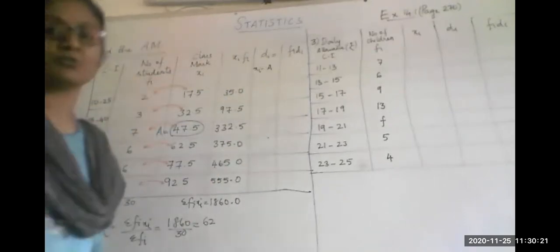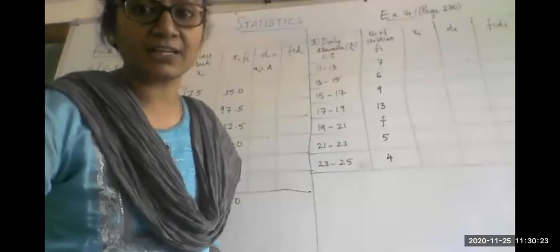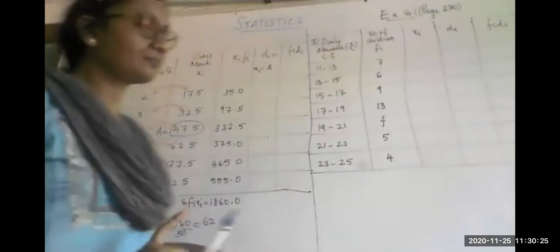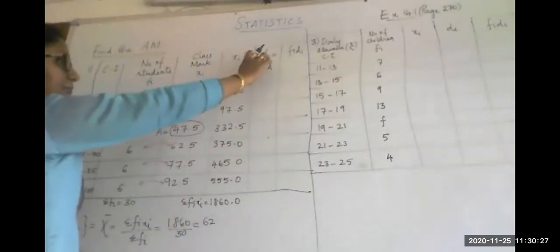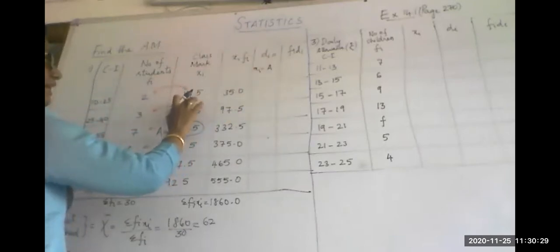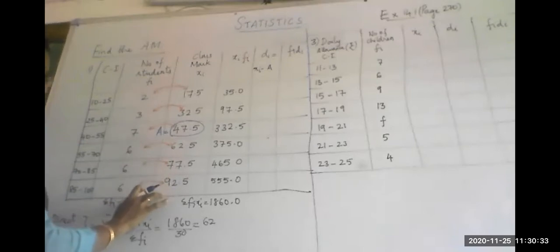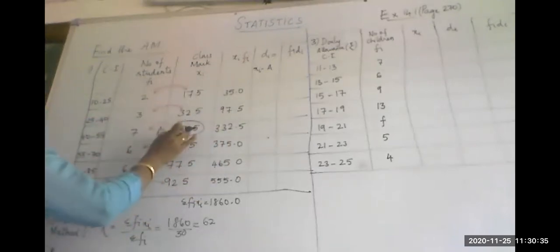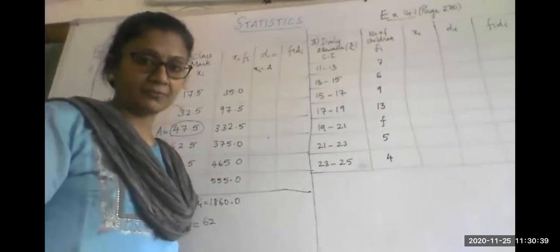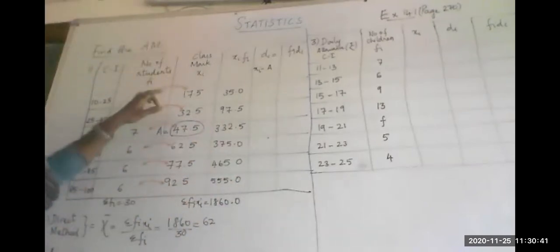Now you have to understand what a deviation is. This is the first class mark, second, third, fourth, fifth, sixth. Out of these class marks, one I have assumed as the mean itself. Now I have to find out how much the remaining class marks deviate from the assumed mean.